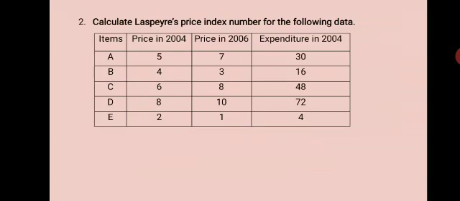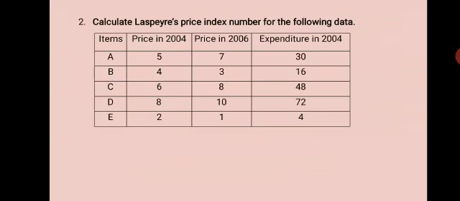Then we have the second question, that is calculate Laspeyres' price index number for the following data. Here the data is given, items are given, then price in 2004, price in 2006, and expenditure in 2004 are given.